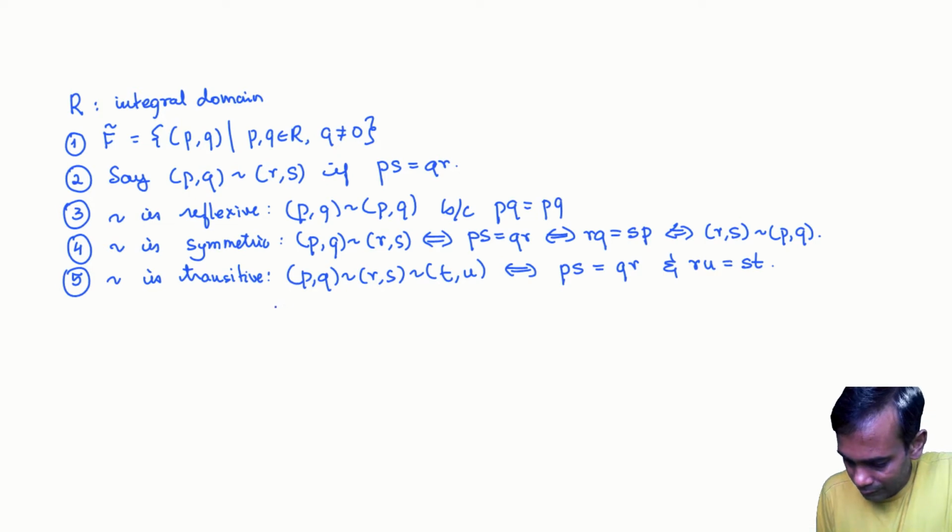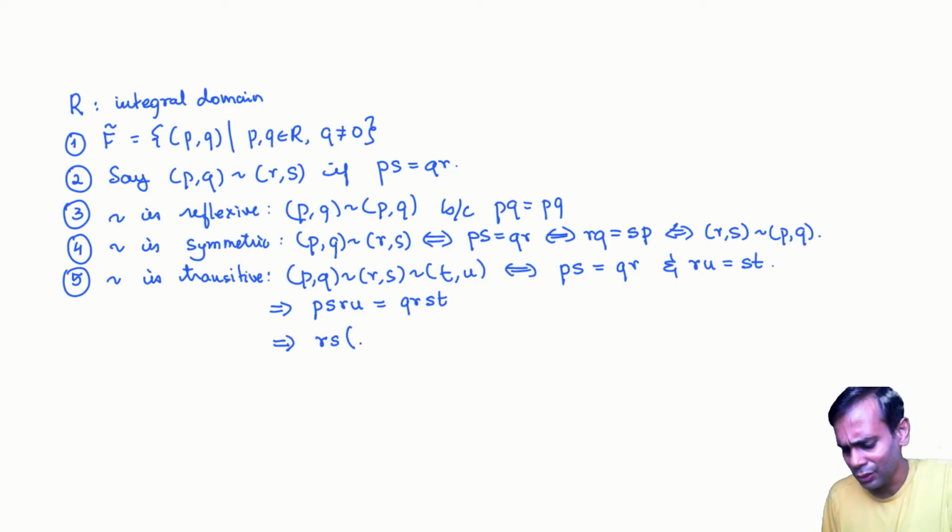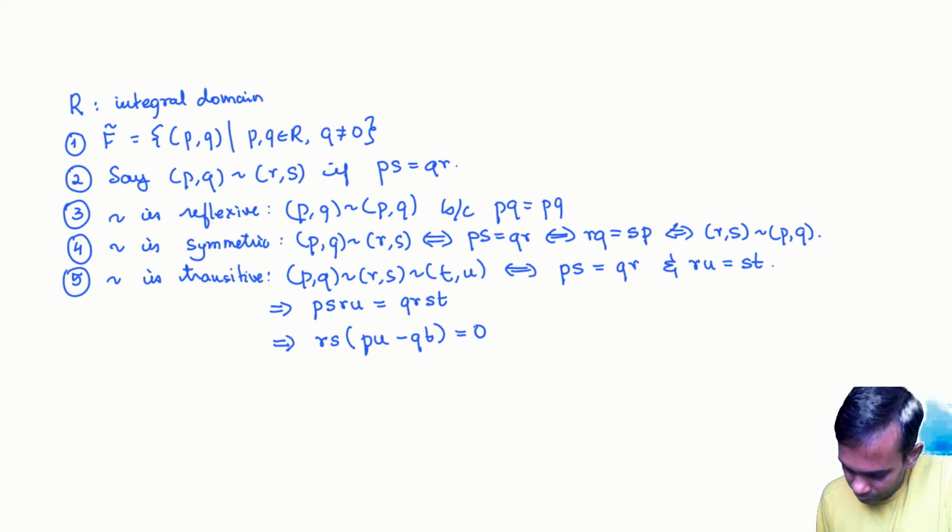So what we get is psru is equal to qrst. Now both these factors have rs, so let's take it out. We're in a commutative ring, so we can move these things around. So we get rs times (pu minus qt) is equal to 0.